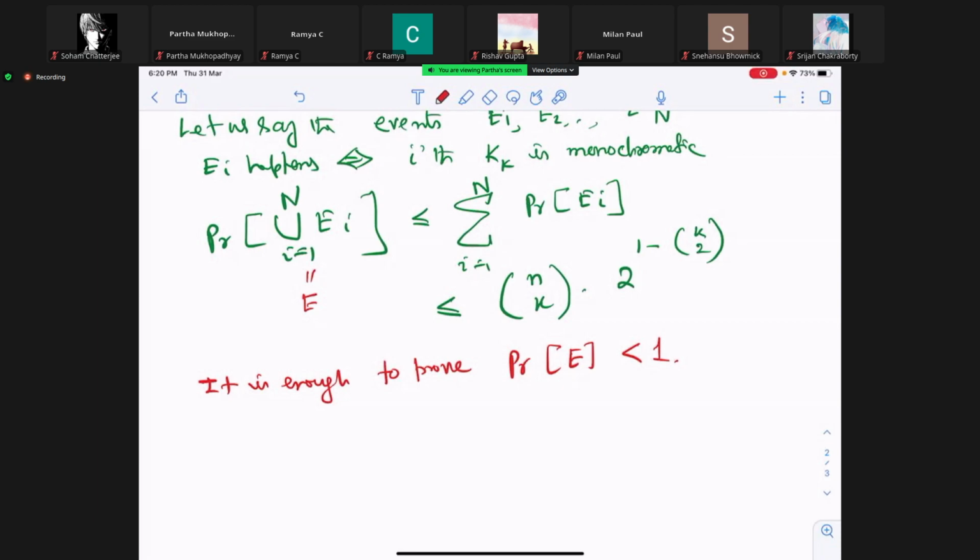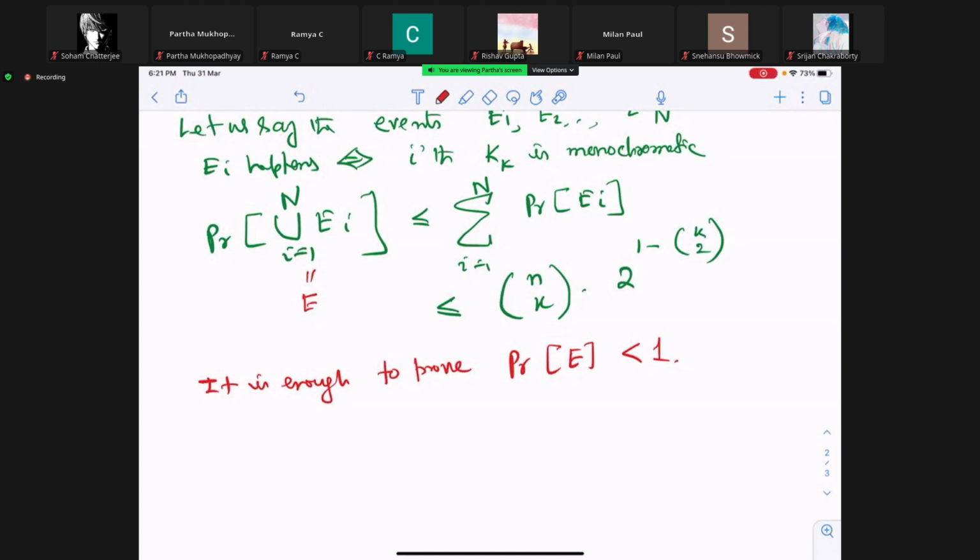It's a bit counterintuitive when you see it for the first time. Think about the complement event. What is the complement event?